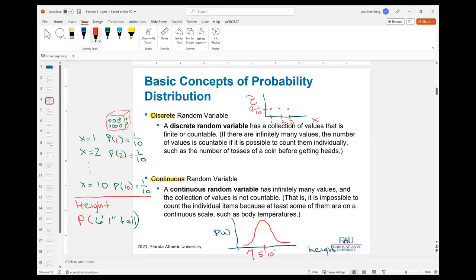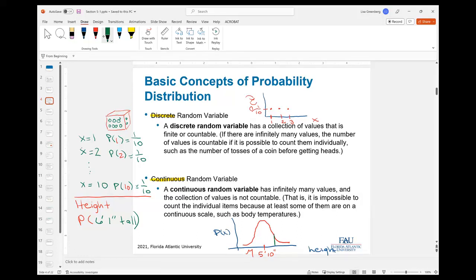Mu, right? So 6.1 or more, maybe is out here, okay? And maybe we want to know the height of someone who's exactly 6 foot 1 inch tall, it's probably really small, right?